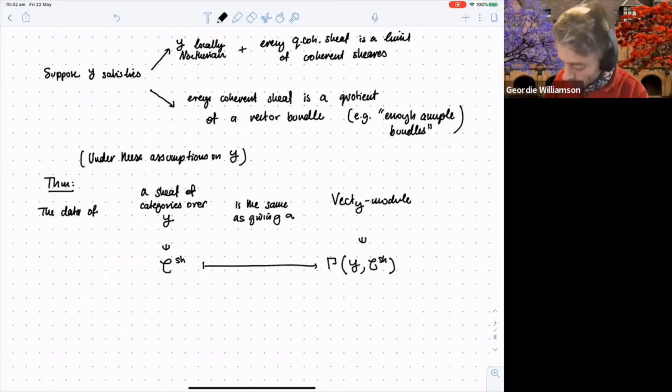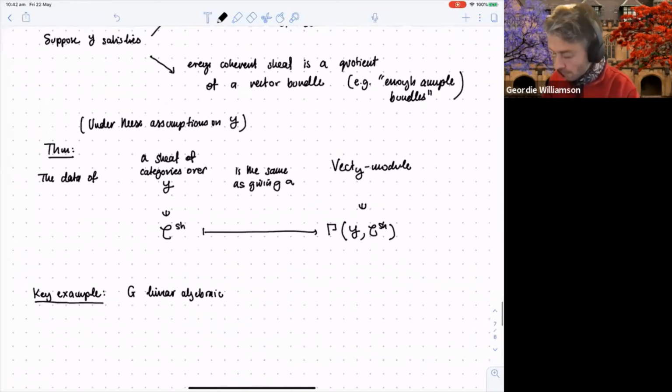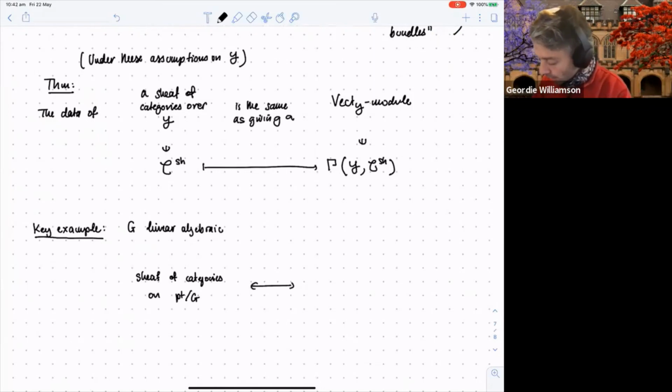So the key example is that if G is linear algebraic, a sheaf of categories on point mod G is the same thing as a Rep G, as a Vect module.